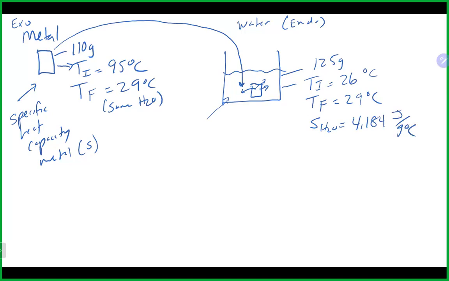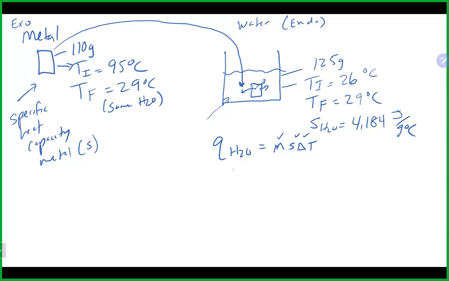So if we think about the specific heat equation for water, which is m s delta T, we have absolutely everything that we need to figure out how much energy that water is going to absorb, right? So let's do that.